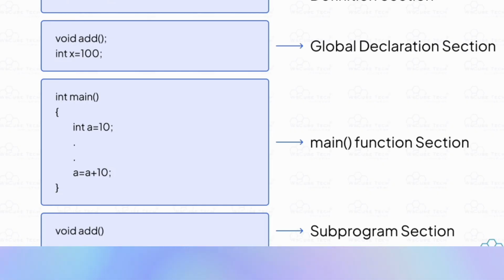This is the complete structure of the C program. These are the internal structures we need to maintain before writing code.